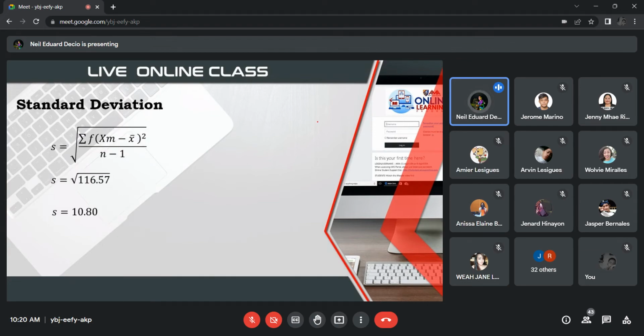Okay? So, that is now our standard deviation. So, ganun lang siya kasimple. That is the measure of dispersion. That is how you measure the spread of your data with respect to the center of the distribution or to the mean.